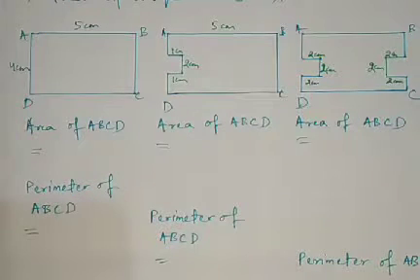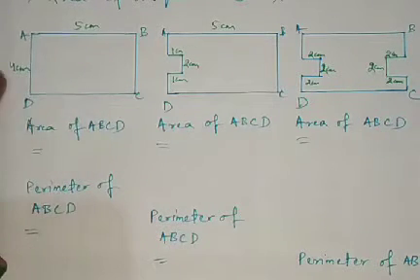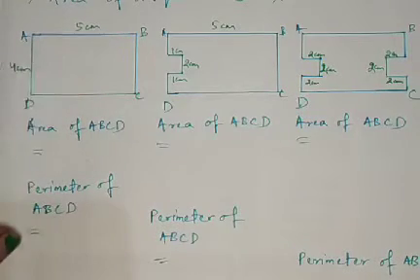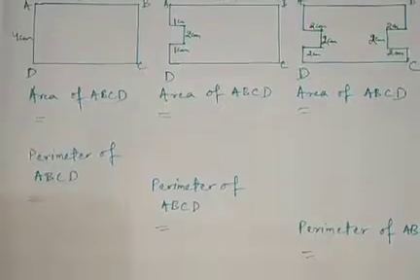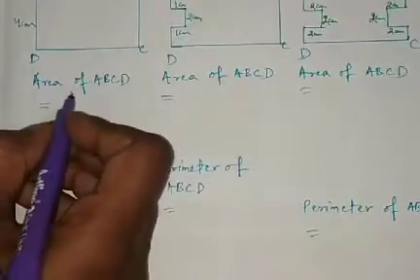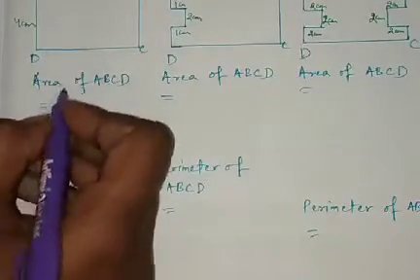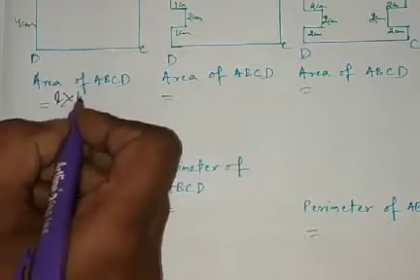First we'll find out for the first figure A, B, C, D. Your length is 5 cm, breadth is 4 cm. So area of ABCD is how much? Area of rectangle equals length into breadth.